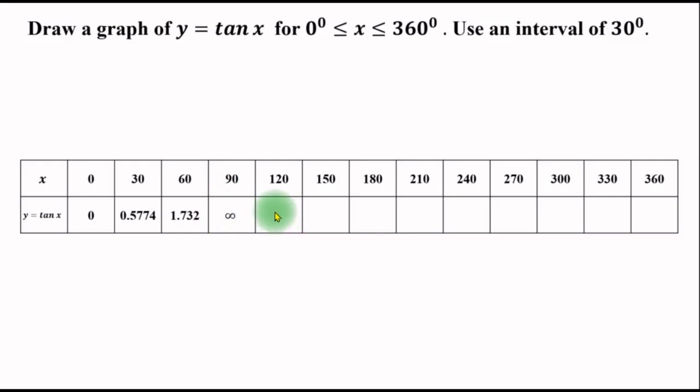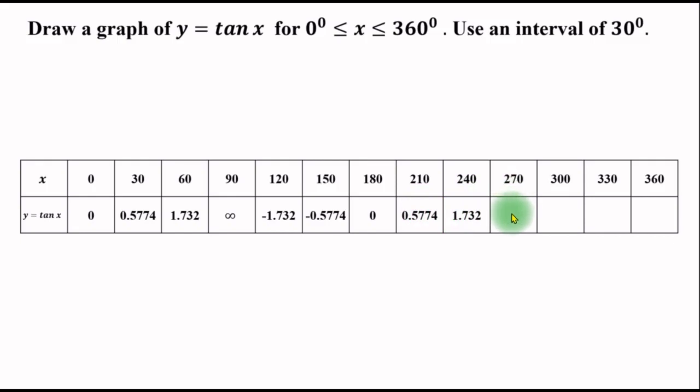Then we have tan 120, this is negative 1.732, tan 150 is negative 0.5774. Then tan 180 is 0. Tan 210 we have 0.5774. Then tan 240 we have 1.732.